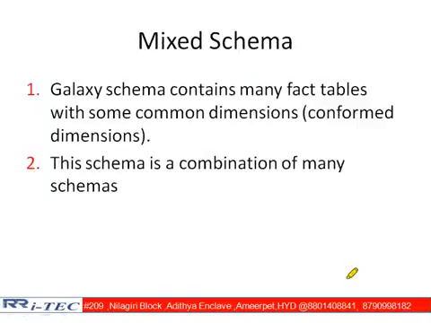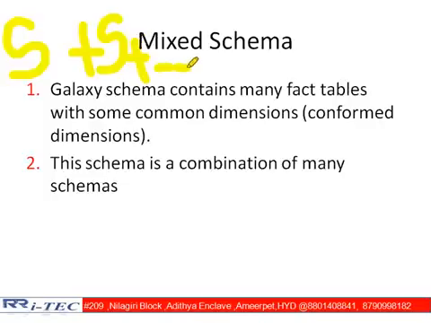Okay. Now, next point that is called mixed schema. In the name itself, we are trying to mix it. What are we mixing? Let us say I have one star and I have another star. If I mix these 2 stars like this, then it is called mixed schema.